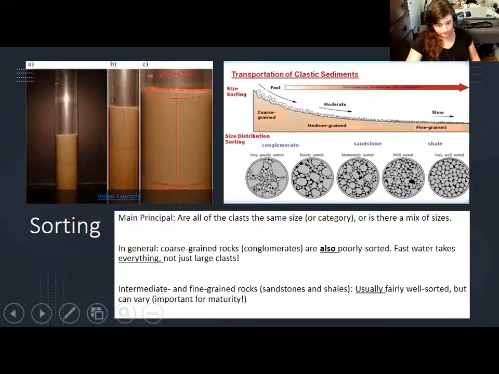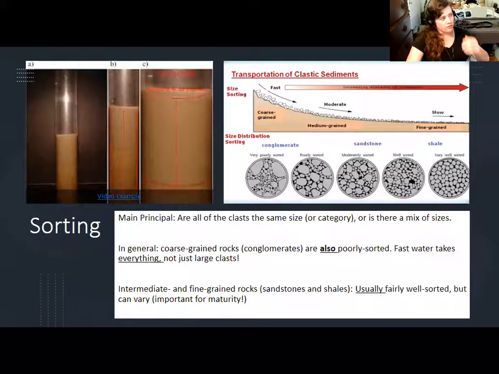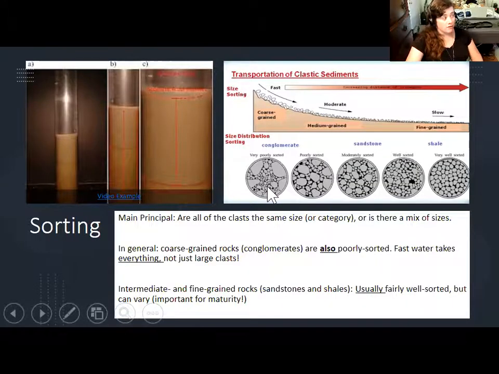And so one thing we actually see is that finer-grained rocks tend to be better sorted. The coarse-grained rocks, like conglomerates, have a mix of large particles and small particles, and they're defined by the presence of large particles.